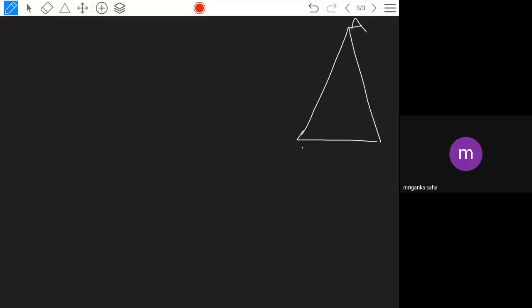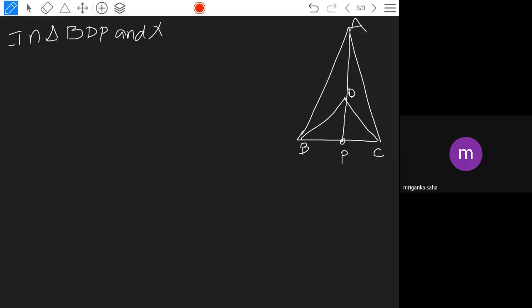A, B, C, D, and this is P. So in the third result we have to prove that AP bisects angle D. For that purpose you take triangle BDP and triangle CDP. BD is equal to CD. Why? It is given.